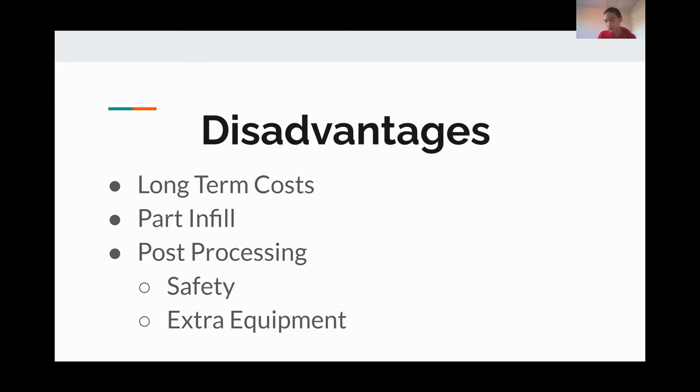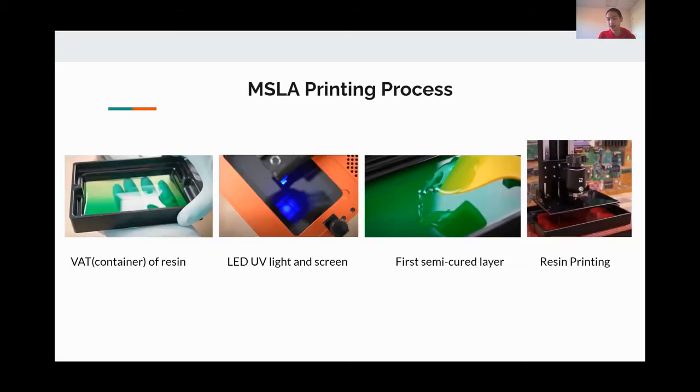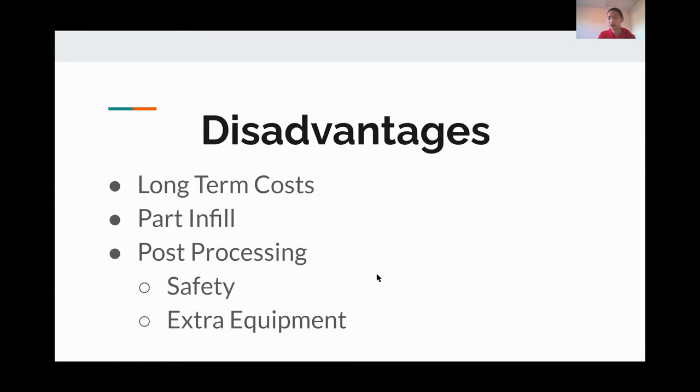And then also, after you directly take it out, like in this third image, there's still uncured resin dripping off of it. And it's actually not fully cured either because the UV light usually isn't strong enough to fully cure it. So after you take it off, you need to clean your print, usually with isopropyl alcohol or some other type of alcohol like ethanol.